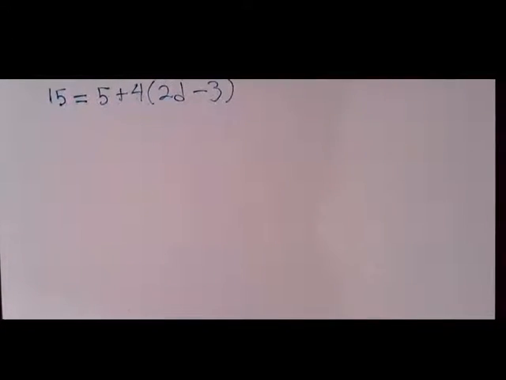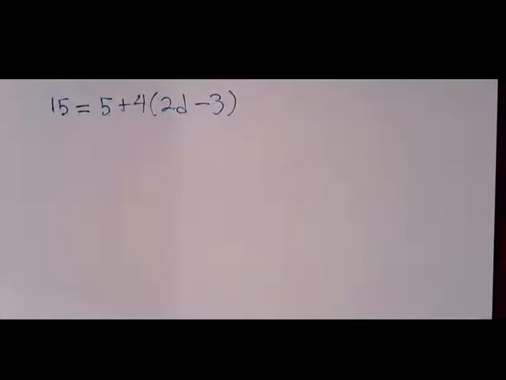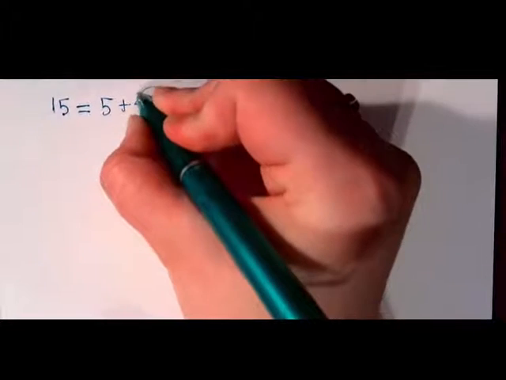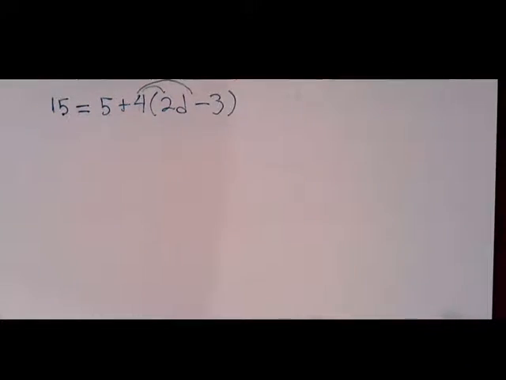All right, so let's look at another one. So in this one, I've got 15 is equal to 5 plus 4 times 2 minus d. All right, so I am going to do the distributive property first.